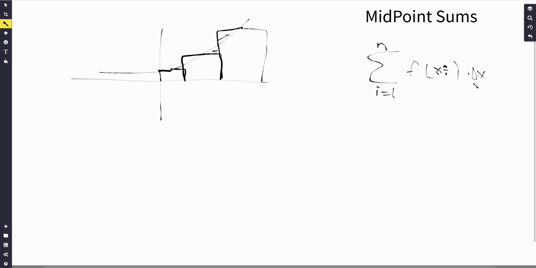Basically these are the same components, but what this x star sub i means is the midpoint. You basically have to divide two values to get that midpoint. Everything else is the same as I told you previously. Okay, let's get into some examples. Maybe that'll make it more clear.